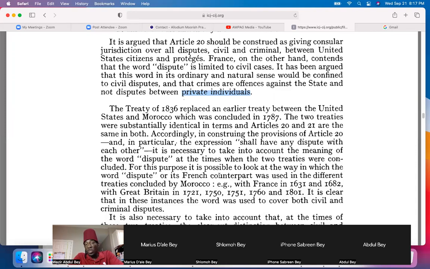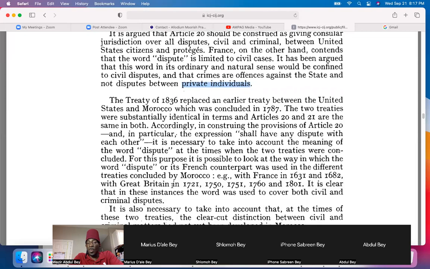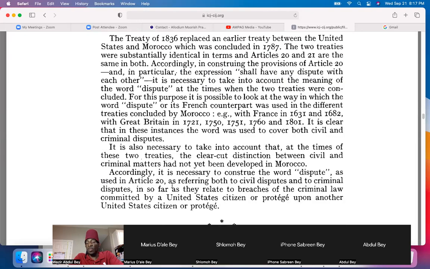For this purpose, it is possible to look at the way in which the word dispute or its French counterpart was used in the different treaties concluded by Morocco, e.g. with France in 1631 and 1682, with Great Britain in 1721, 1750, 1751, 1760, and 1801. There's a lot of treaties.